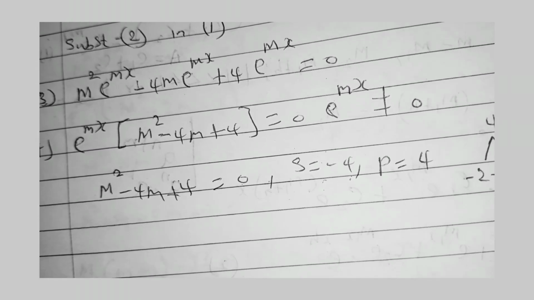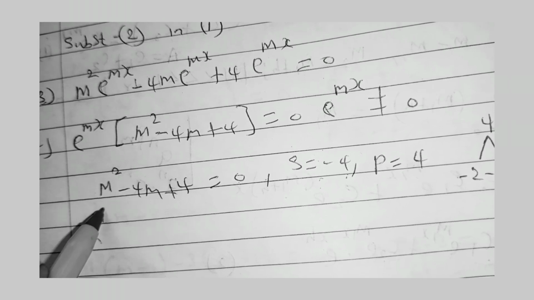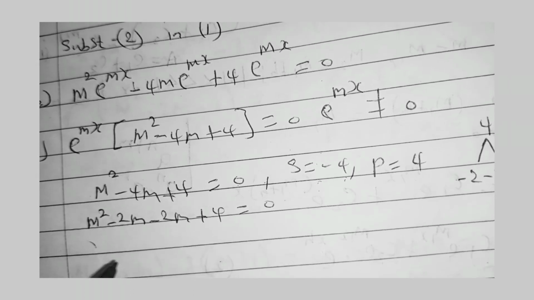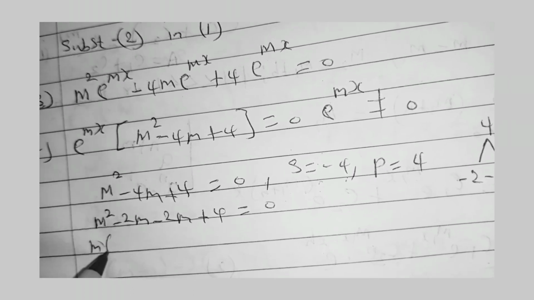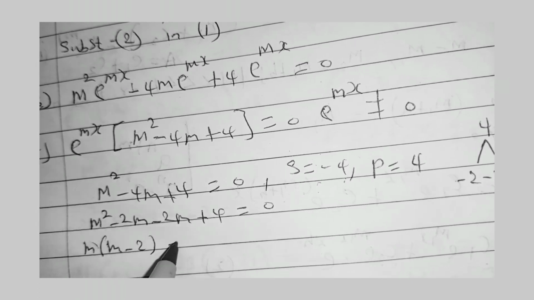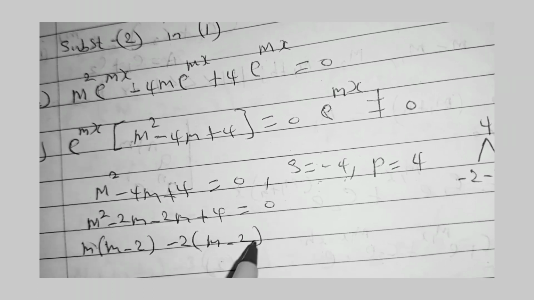Then we factorize our quadratic equation: m squared minus 2m minus 2m plus 4 is equal to 0. You factor m from the first two to be left with m minus 2. In the last two, you factor out -2 to get m minus 2, which is equal to 0.